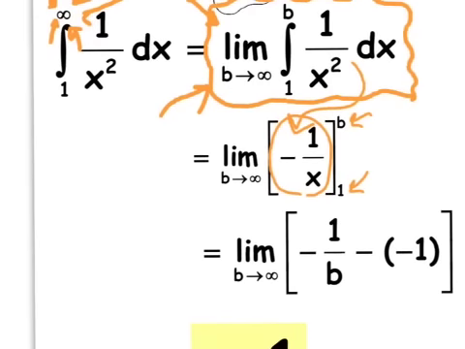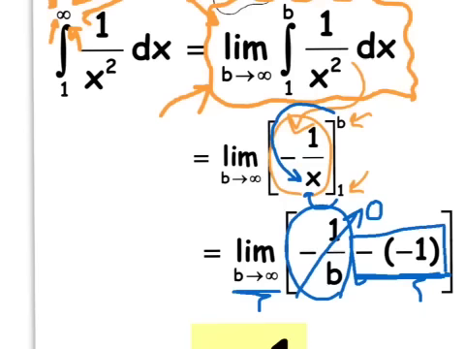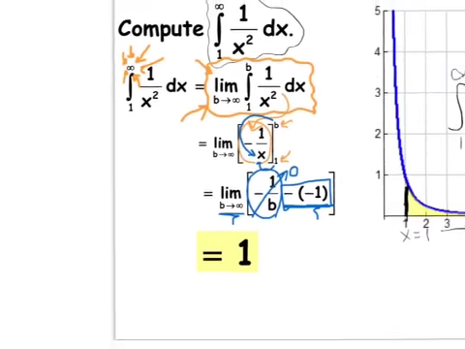Moving right along, if we plug x equals b in for x, and if we plug x equals 1 in for x, we get the limit as b goes to infinity of negative 1 over b minus negative 1. Now, as b tends to infinity, you guys know where negative 1 over b goes. That goes to 0. So for our limit, we're just left with the opposite of negative 1, which, of course, is positive 1. So there we have it.